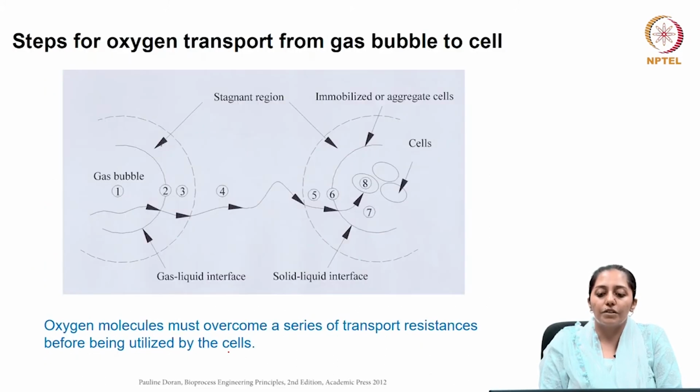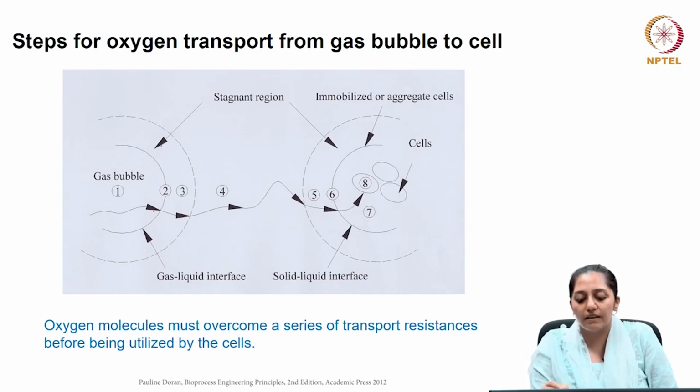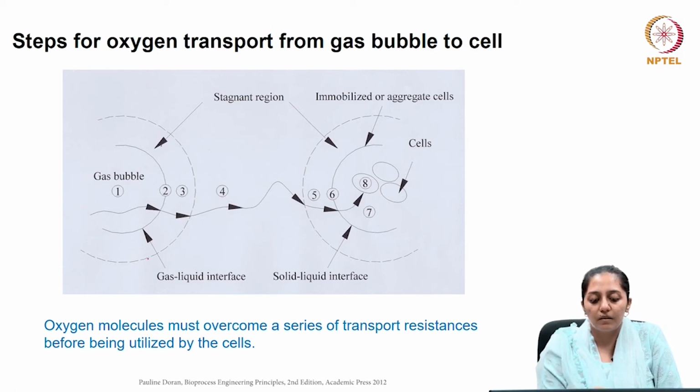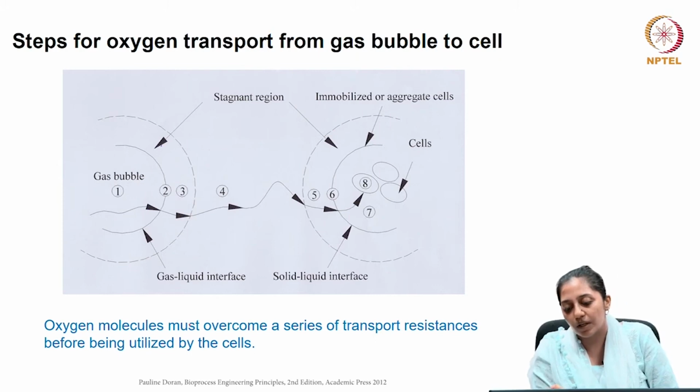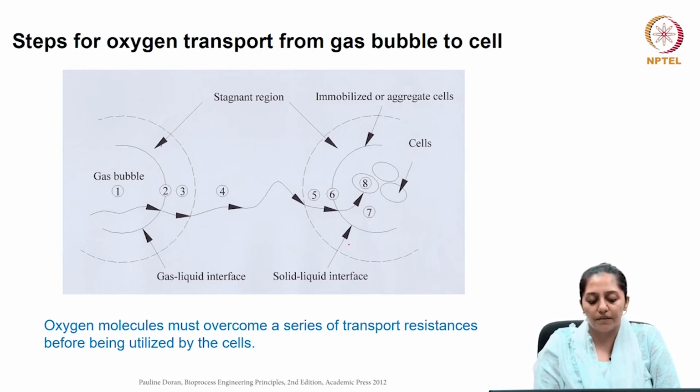So, steps of oxygen transport from the gas bubble to the cell. Let us see, as shown on the slide, on one side we have a gas bubble, on the other side we have cells. Surrounding the gas bubble we have a gas liquid interface, and surrounding the cell aggregate or the immobilized cell structure we have a solid liquid interface.